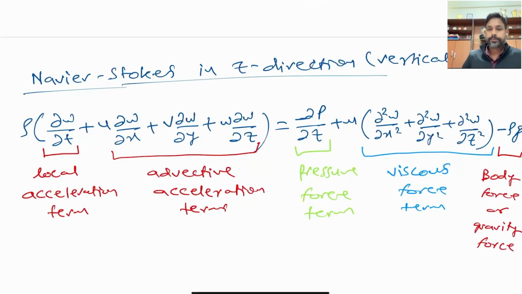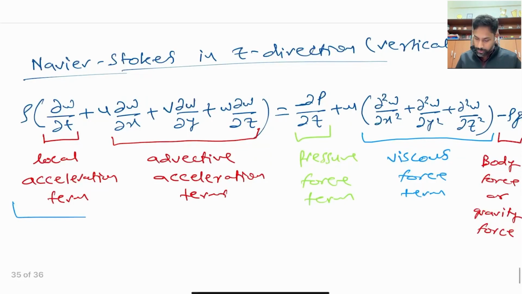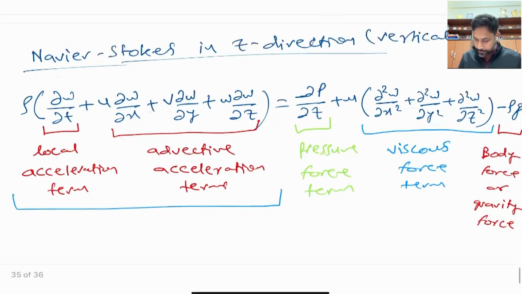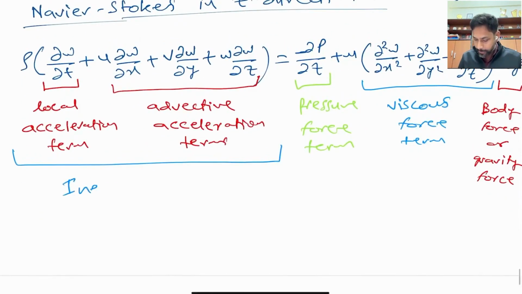Okay, so what you see in rho g is actually the body force term, but for most of our cases, we don't consider any other body force. We only consider gravity as the body force, and that's why we are not worried about other forces. And in these cases, these two terms together are known as the inertia force terms.